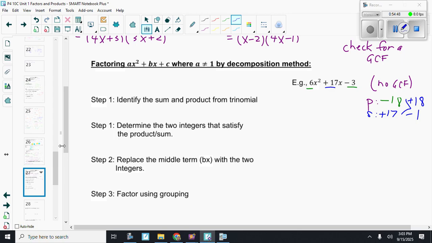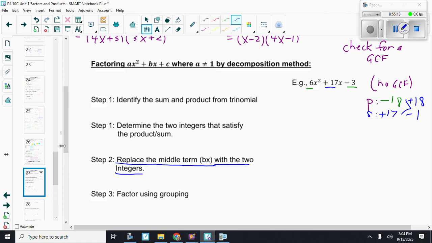Now instead of being able to go right to factored form, this is the difference. Here, we've determined the two integers that satisfy this product sum we have, positive 18 and negative 1. This is what we're going to do. Replace the middle term with the two integers.